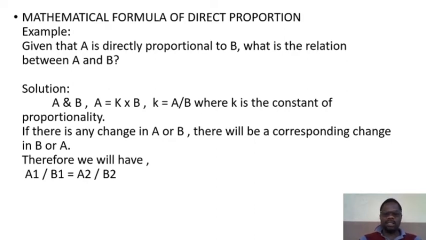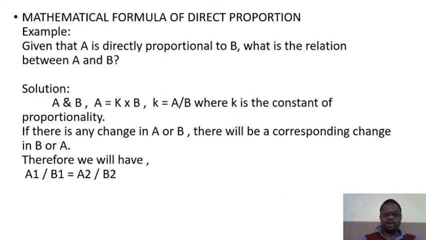So at any point in time, when the sign of proportionality is changed to equality, we introduce a constant. The constant may be, in some cases, a dimensioned constant, it may also be a dimensionless constant. I'm sure you have done dimension in your first term.